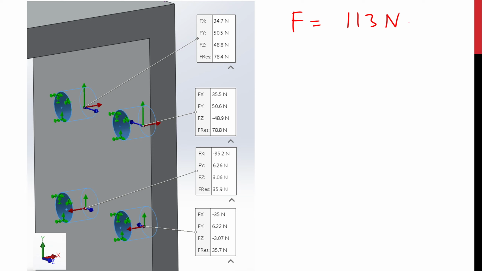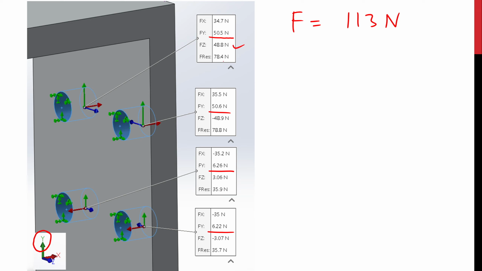So if you look here, most of the forces I think should be in the y direction. Y direction is about 50.5, and this one, the bottom ones, it's not very high. It's about 6 Newton only. So the top one is taking most of the y direction forces. Let's take a look at Z. Z, you have this one, 48.